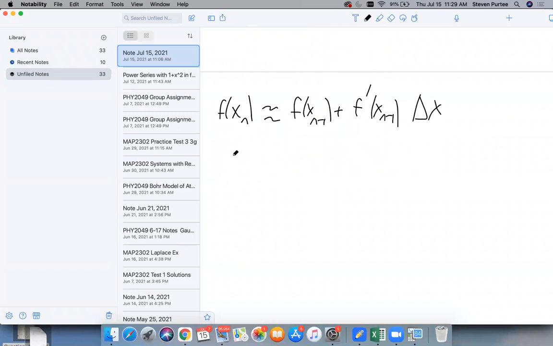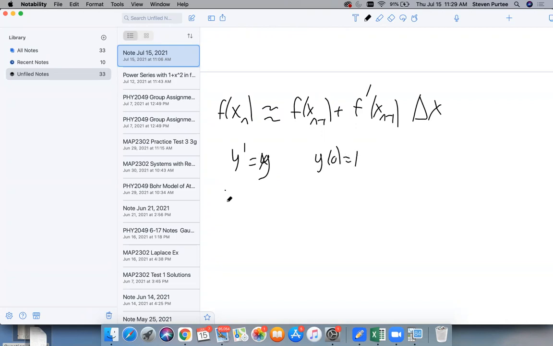So in this case, we have y prime equals x. That's a lie. Y prime equals y was our DE, given y of 0 equals 1.